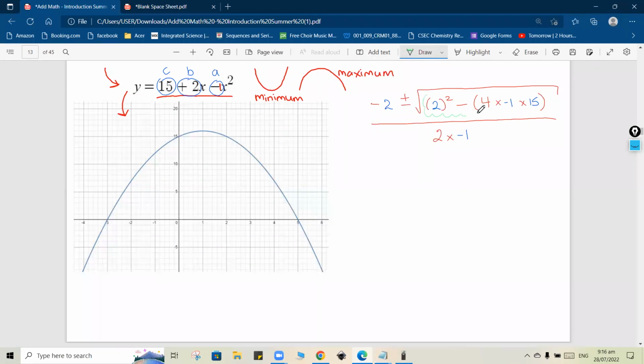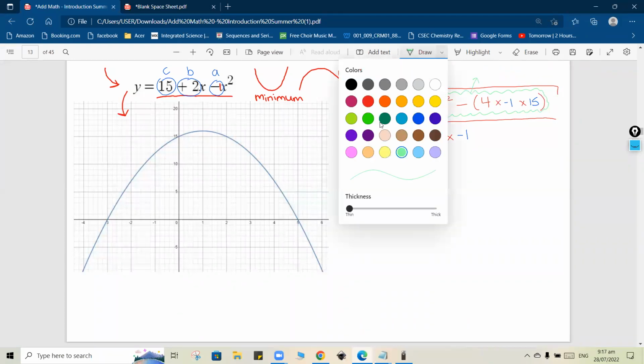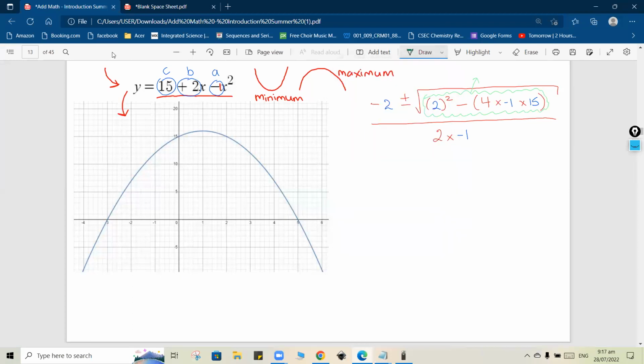The discriminant is this green cloud here. Right. So I'll put that answer there just now. Right, so we get 64 for the discriminant.